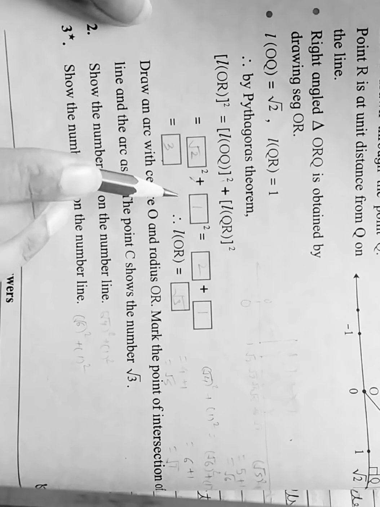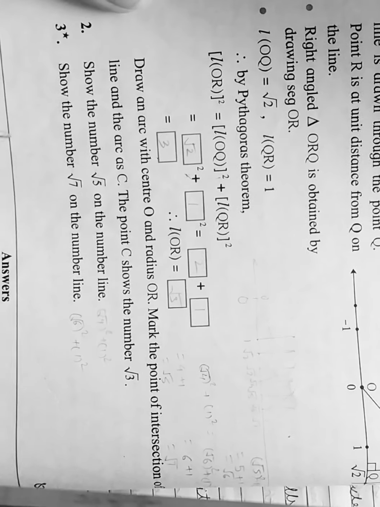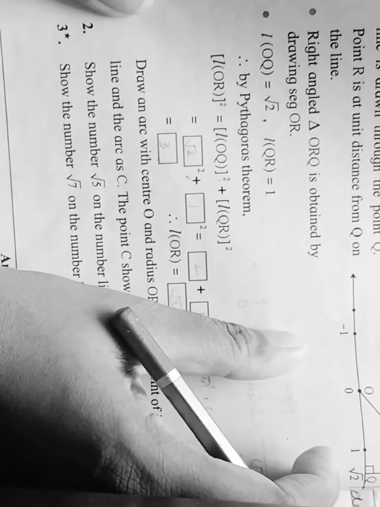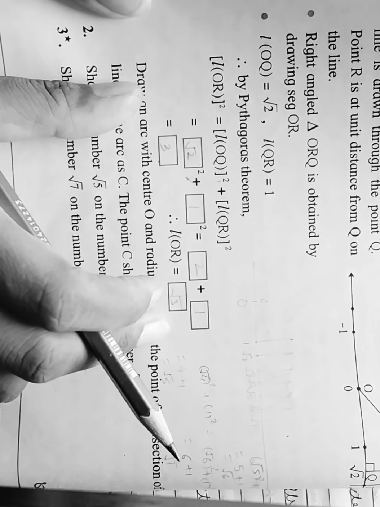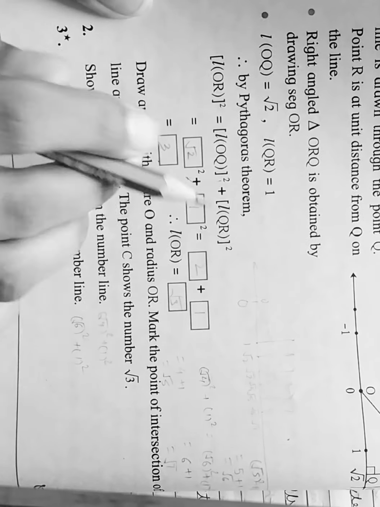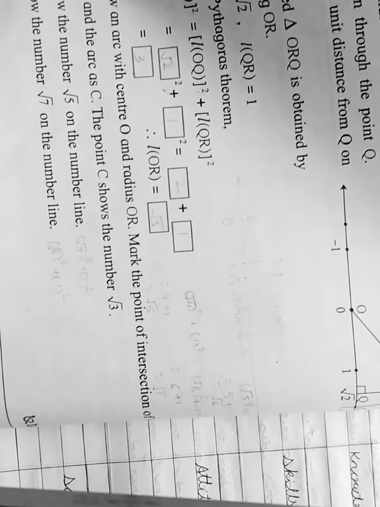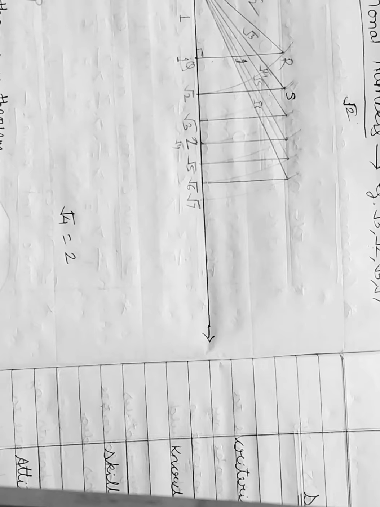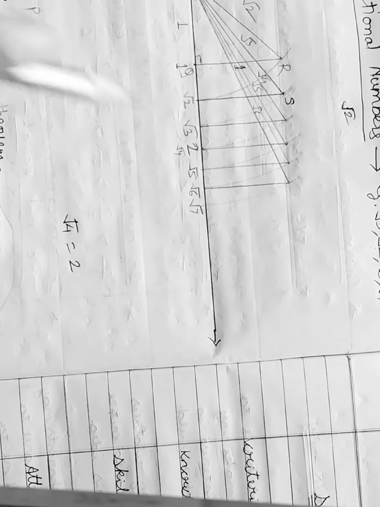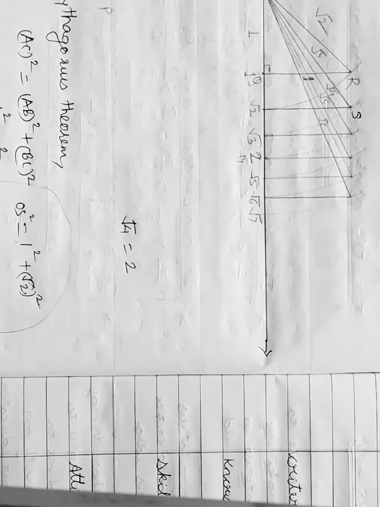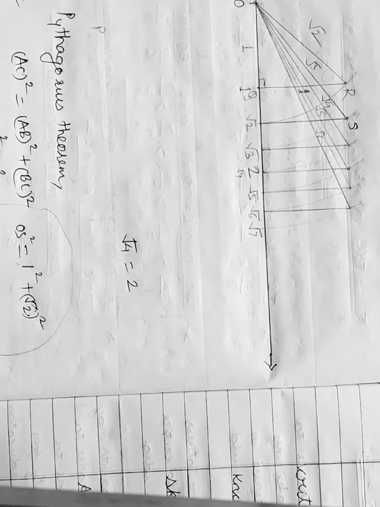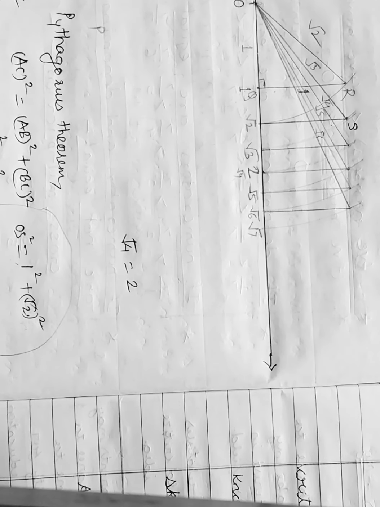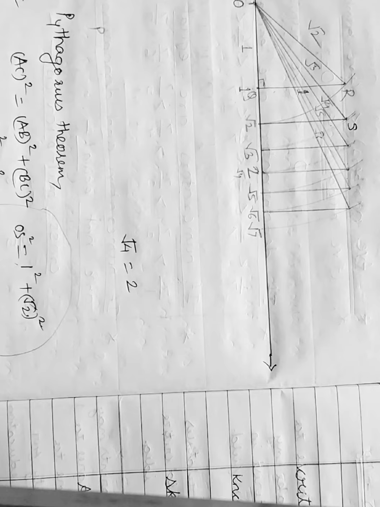Try again and do it. For root 3 calculation, root 2 is already given, and for root 3 you have to fill up the calculation. Already I have given it up to root 7. Again you try, and question number wise on the same line also you can draw, or 3 times you can do. It will be practice for you.